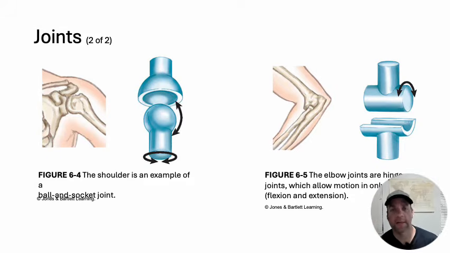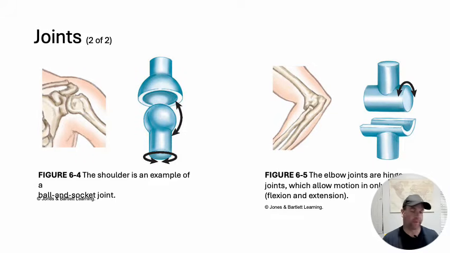First, the ball and socket joint. This really allows for the widest ranges of motion. These joints consist of a rounded head of one bone fitting into a cup-like socket of another. The classic examples are your shoulder and hip joints.